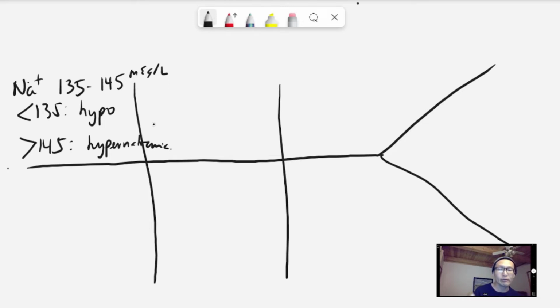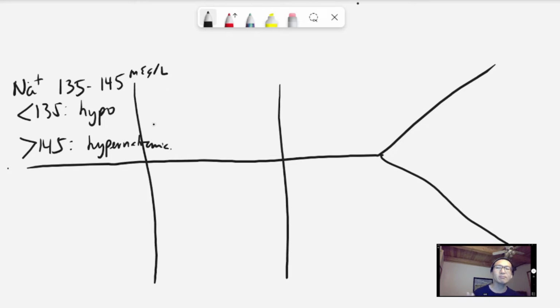If the patient is fine, and mostly if it's healthy young adults, or even older adults, if they're not symptomatic, I would usually just repeat it. And the same thing with hypernatremia. If it's 146, 147, usually we just repeat it.